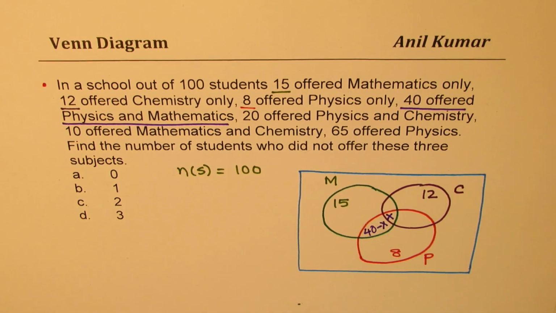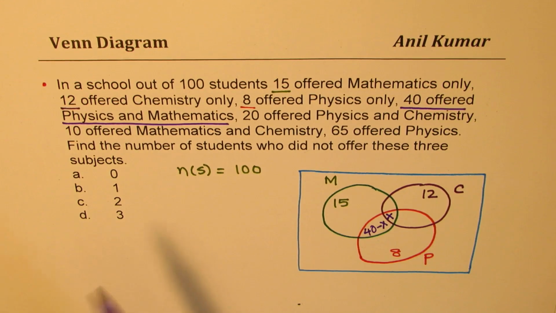So this is the most critical part of the whole question. So when you're moving from outside in, we actually want to know what is common to all, which is not given to us. So you can assume that to be X, and now you can work out. So 40, if you add these two, 40 minus X plus X will be 40, right?